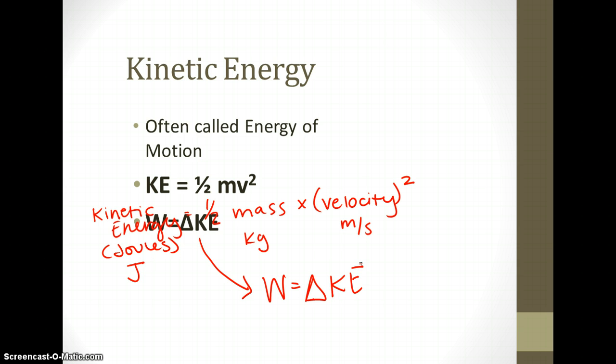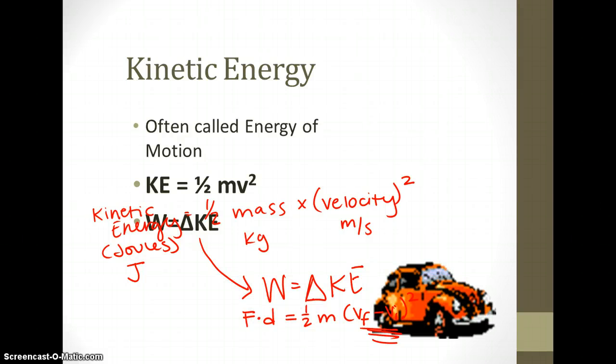If we go back to those wagon examples, we would be able to calculate how much work was being done by saying force times distance times cosine theta equals 1/2 mass times the final velocity squared minus the initial velocity squared, because that shows us how much our kinetic energy changed during that time. In those situations, we are often bringing these objects to a stop.